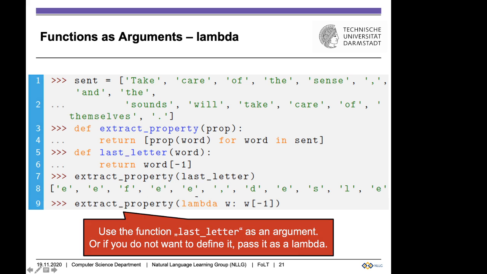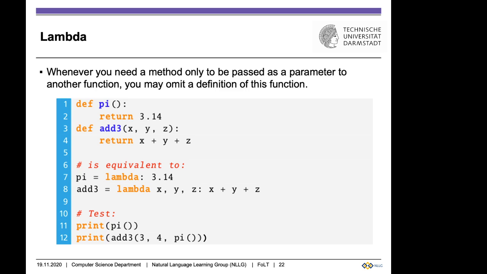In another case, we see we don't have to create the last letter function explicitly because we can use lambda to do the same thing, which doesn't require explicit function definitions. And also here's more cases to show how to transform a normal function to a lambda function.